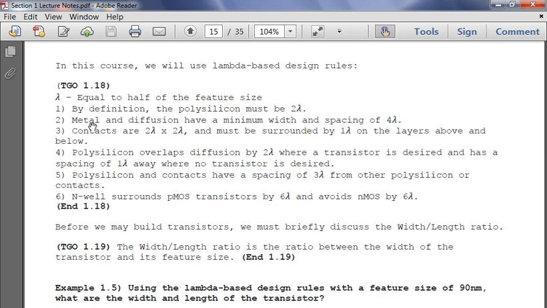So rule number 3, contacts are 2 lambda by 2 lambda and must be surrounded by 1 lambda on the layers above and below. The whole point of a contact is you have some sort of signal in one metal or in one element type, and then you have a different type of metal, or polysilicon, and you have to have them transit somehow. That's the purpose of the contact.